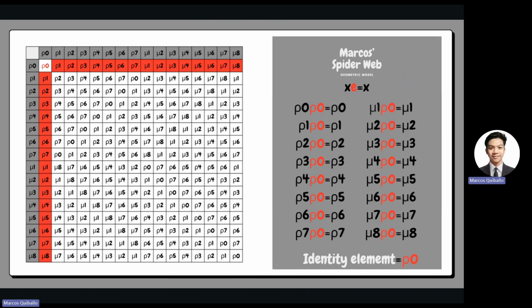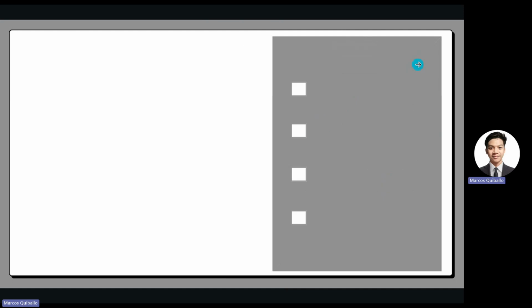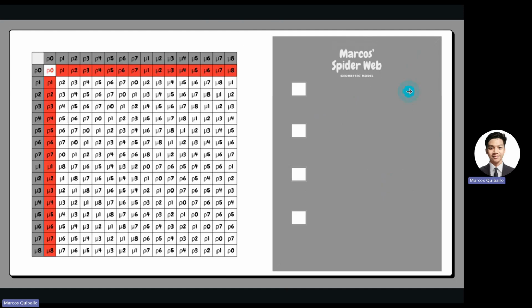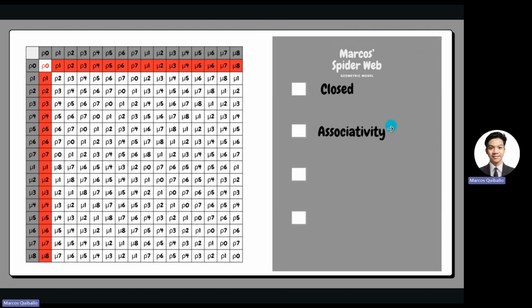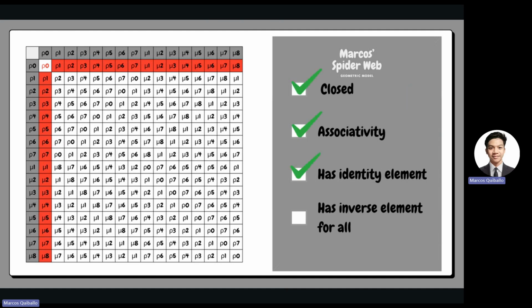And row 0 is unique and it is also distinct, which means it is accepted, because an identity element must be distinct and unique. So for our table, we can say that it has an identity element. So the third requirement is satisfied.